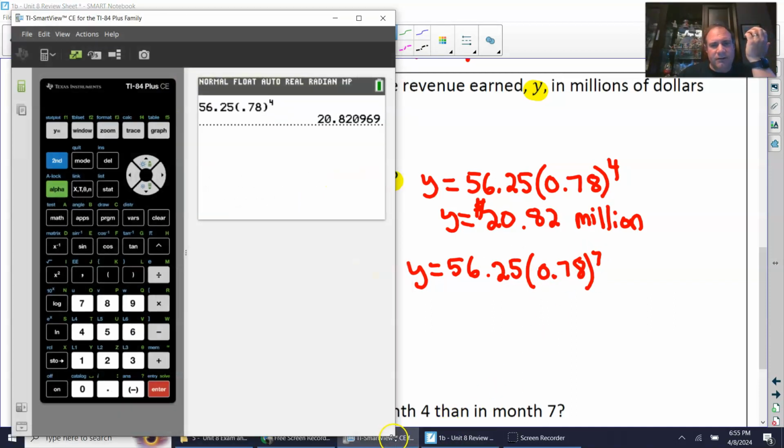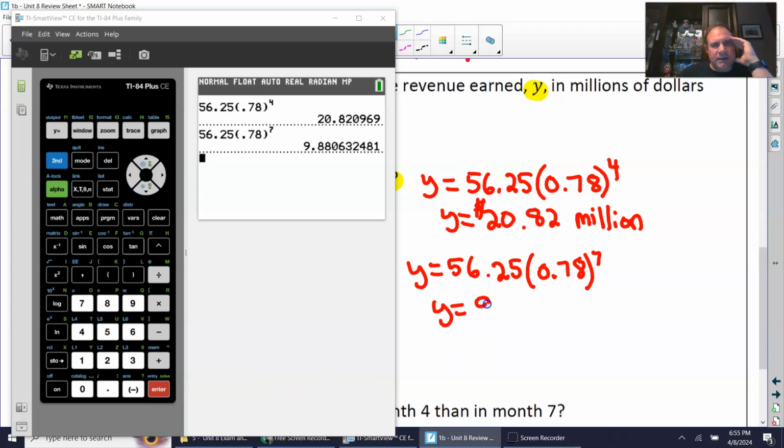Grab your calculator and do the same thing. 56.25 times 0.78 to the 7th power. Y equals 9.88 million. Whee! I wish I had that.